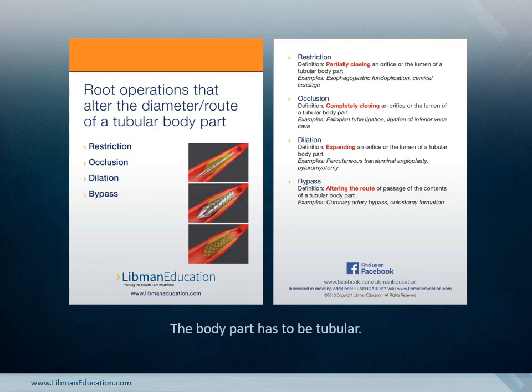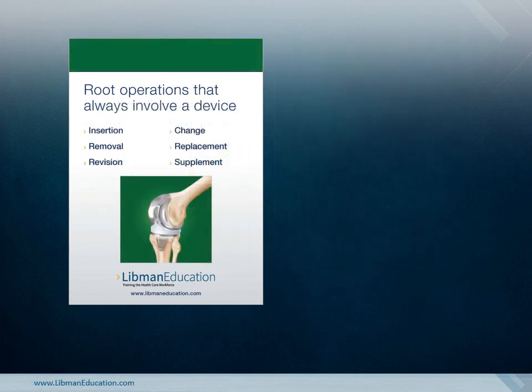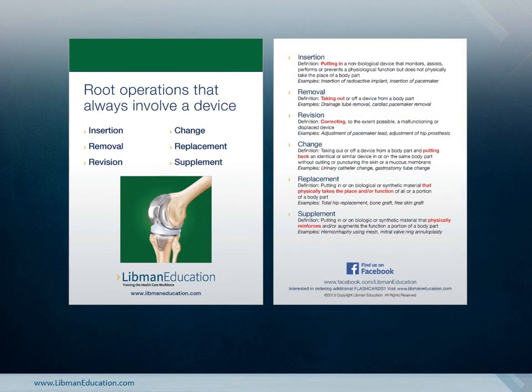To use this card, the body part has to be tubular. The green card is the group that always involves a device. The devices are used with other root operations, but to pick this card, the procedure has to involve a device.